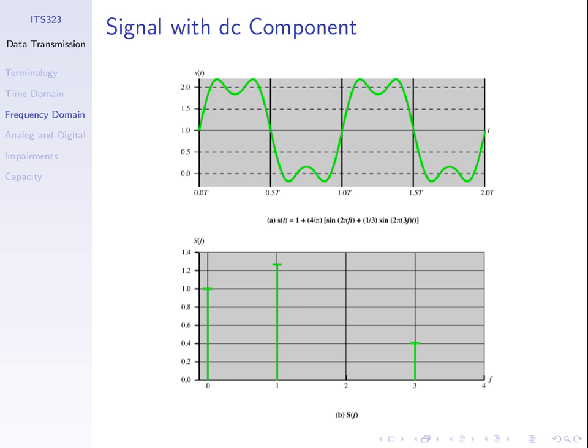The difference here is that the middle point is 1, not 0. And in the frequency domain, we see at frequency 0, we have an impulse. We'd say this is the DC component. Normally, for practical reasons, when we implement transmission devices, we want to avoid DC components. We don't want to have signals such as that.